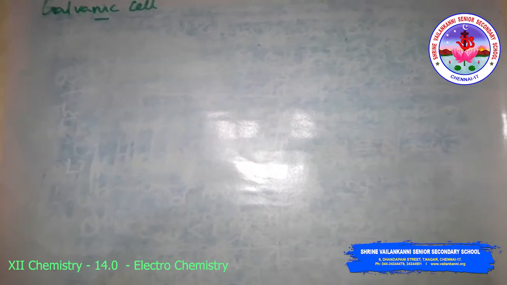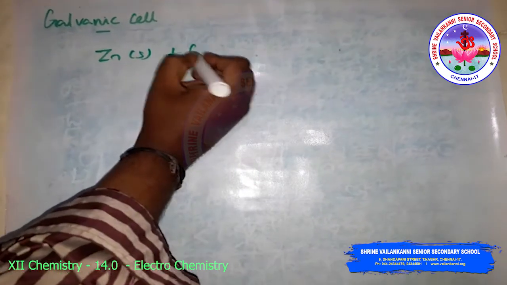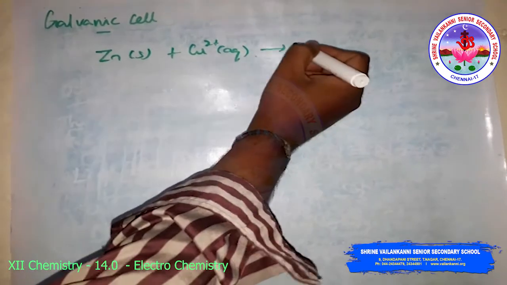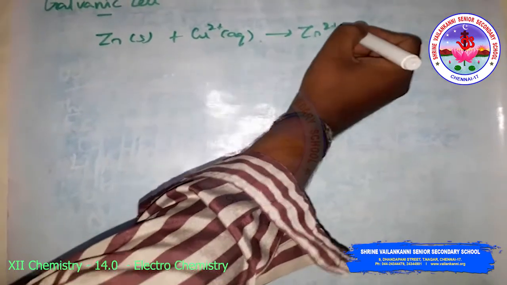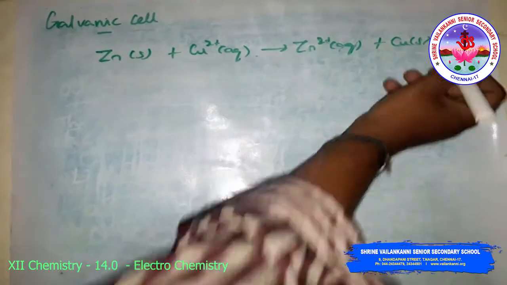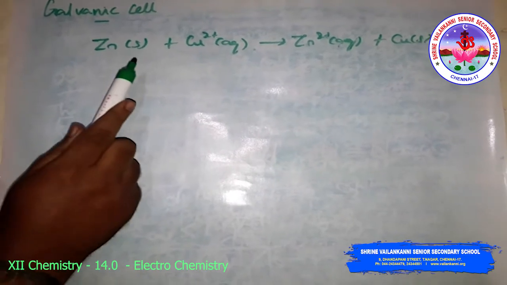So we already discussed the Daniel cell: solid zinc reacts with Cu2+ ion, aqueous, to give Zn2+ aqueous and solid copper. This reaction is a redox reaction.